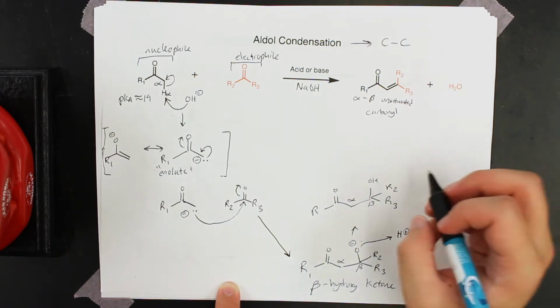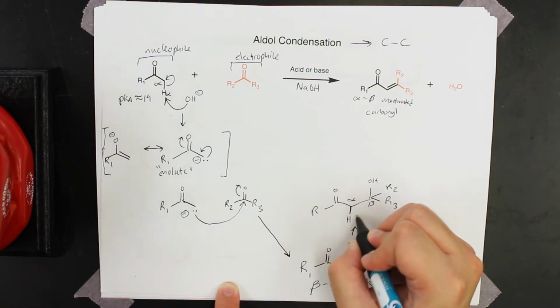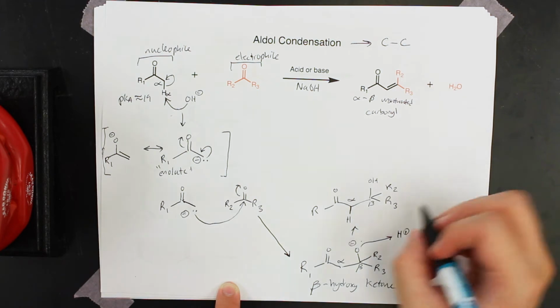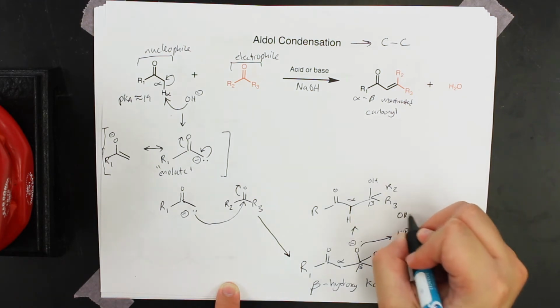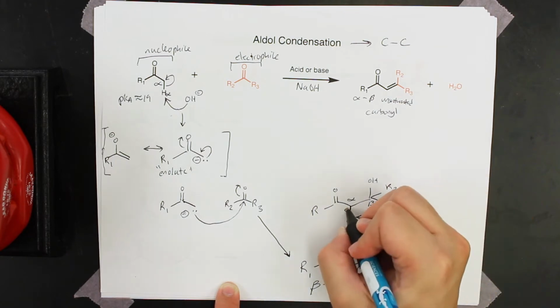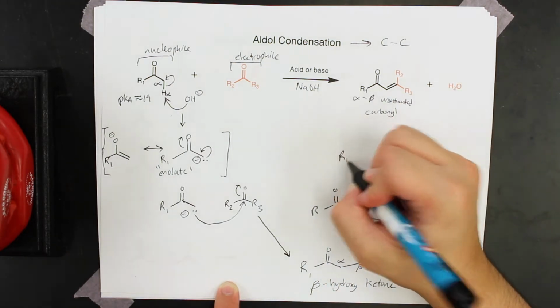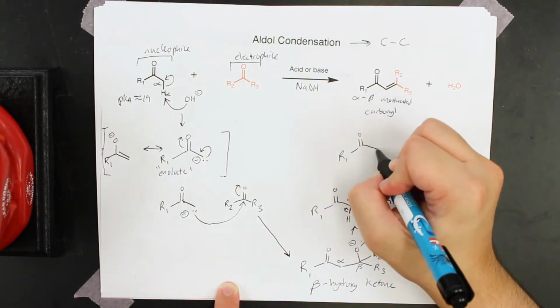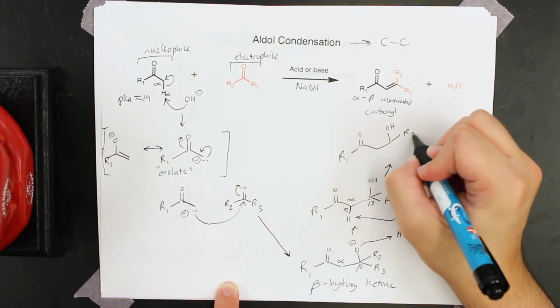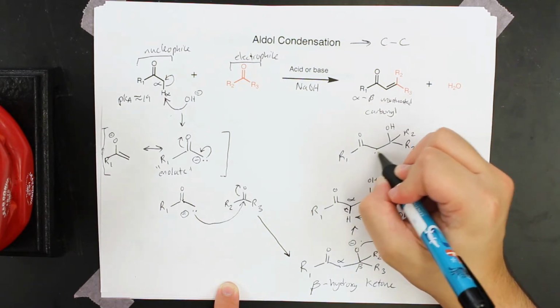The final step of the reaction is an interesting step. This hydrogen is still acidic at this site, so another equivalent of base is going to deprotonate it and form an enolate again. We'll redraw it here: R1, OH, R2, R3, and then here is our enolate.